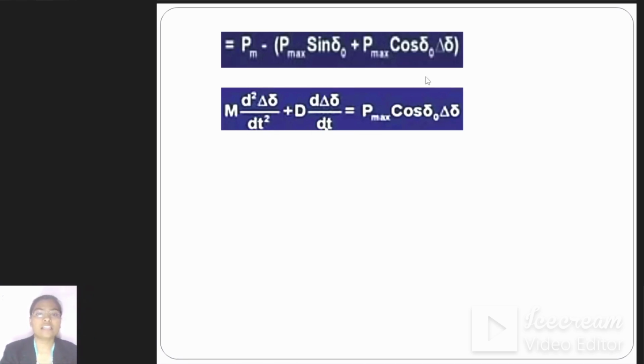This is the swing equation in the linearized form.